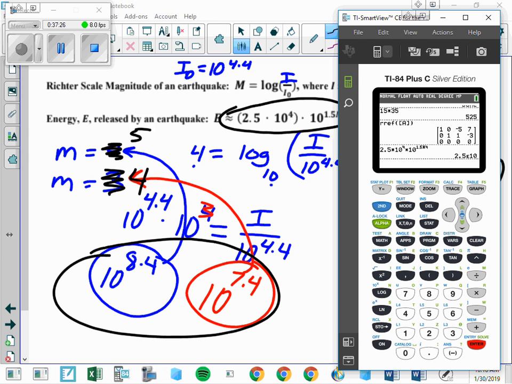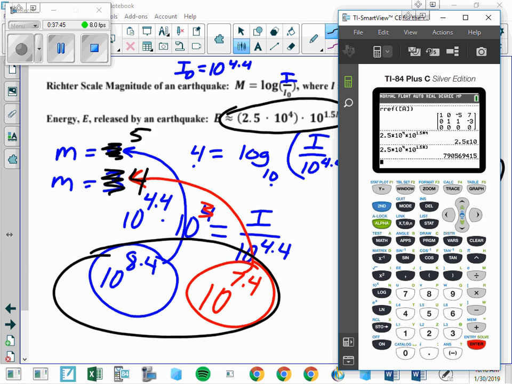So the energy is 2.5 e to the 10th. And the energy of the other one is going to be that. And so earthquake A is approximately blank times. How would I figure that out?